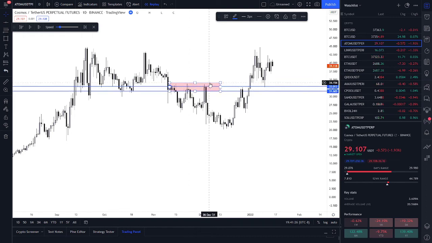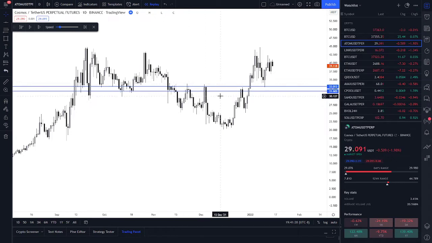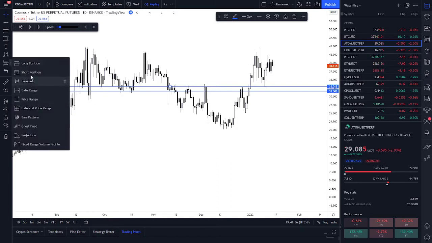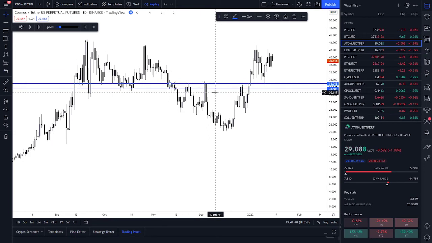So if your box is removed because this candle here fulfilled it, you can still play a resistance short, right? So that's why I use those two in confluence with each other. If the zone is no longer valid, I'll use my resistance and I'll play that way.